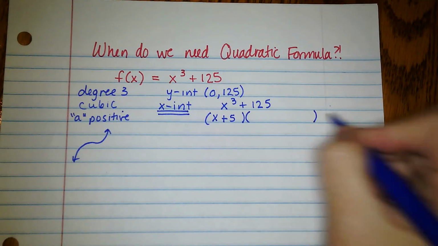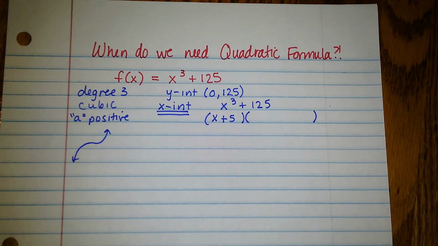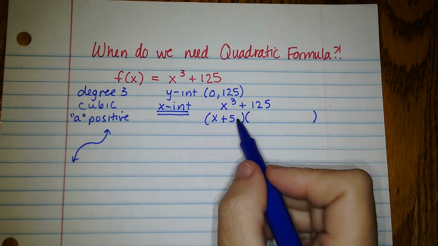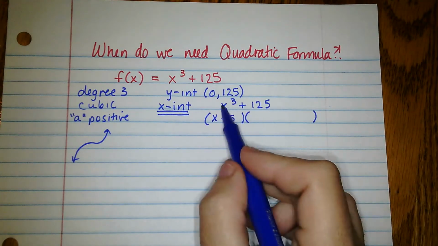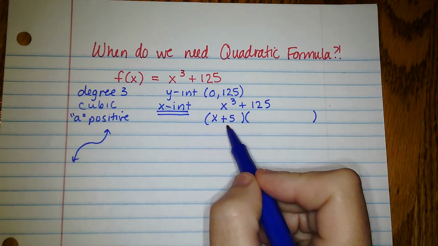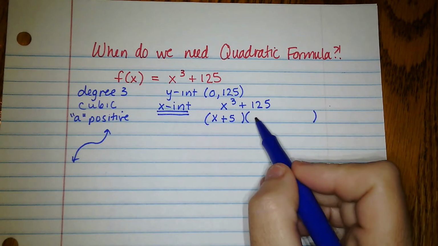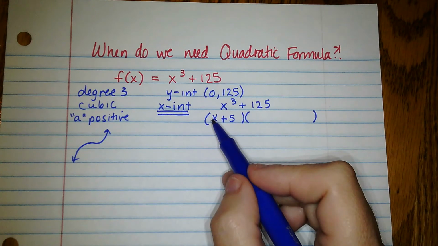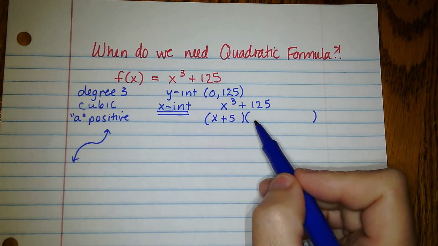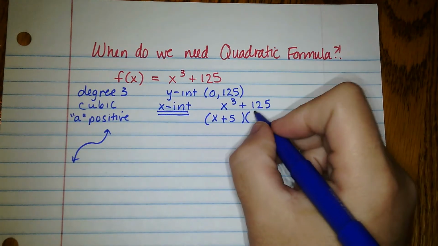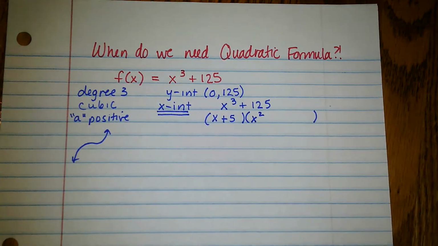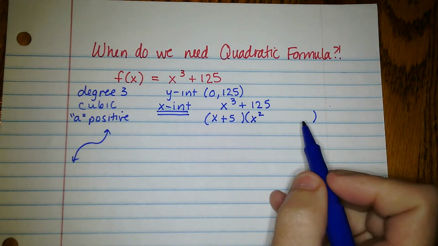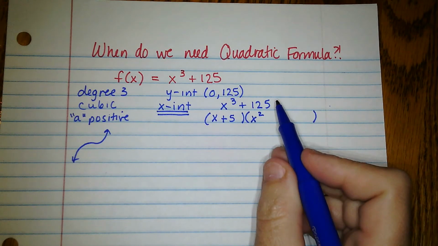Then you've got a longer term, which is a trinomial. If you take the cube root, that's 1/3 of it, technically speaking, so this represents the other 2/3. For x times something to give x cubed, it's got to be x squared. Then 5 times what gives me 125?